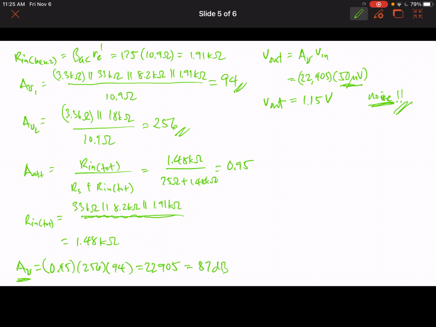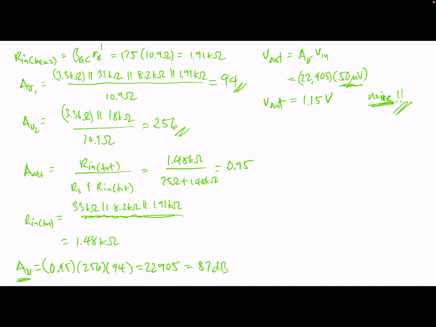Okay, now what about the current gain? For the current gain, at the first stage, we have IC1, which is the current at the collector, divided by the source current.